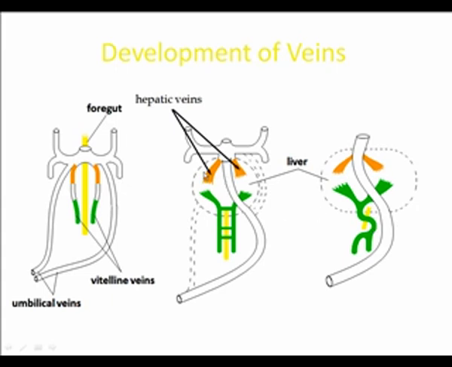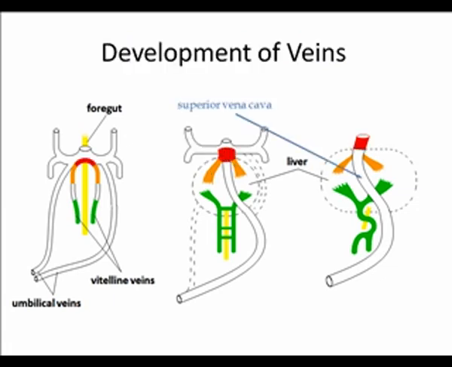In orange, we have this particular area, the proximal vitelline veins, and they're going to form the hepatic veins. And in between, these vitelline vein cells are going to be broken up and give rise to the sinusoids of the liver. The hepatic veins are going to end up connecting with the right vitelline vein to empty into the inferior vena cava, which you see here.